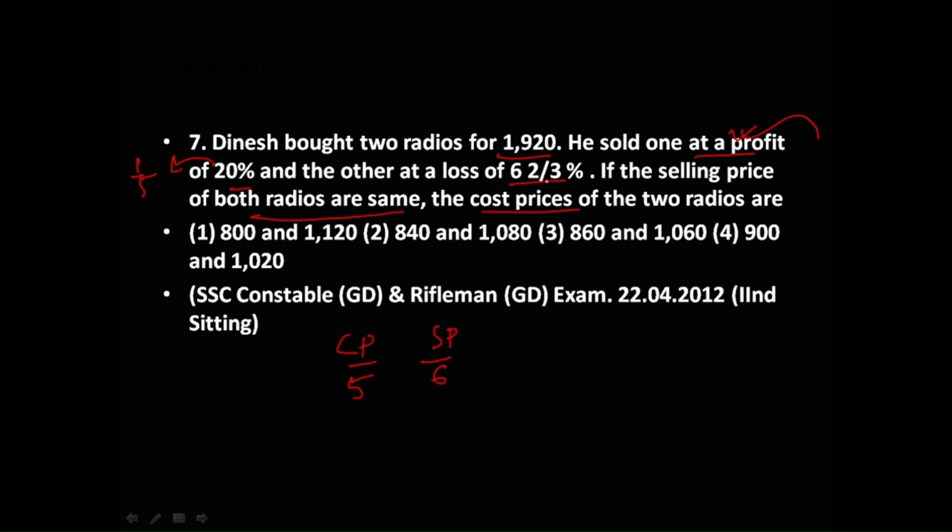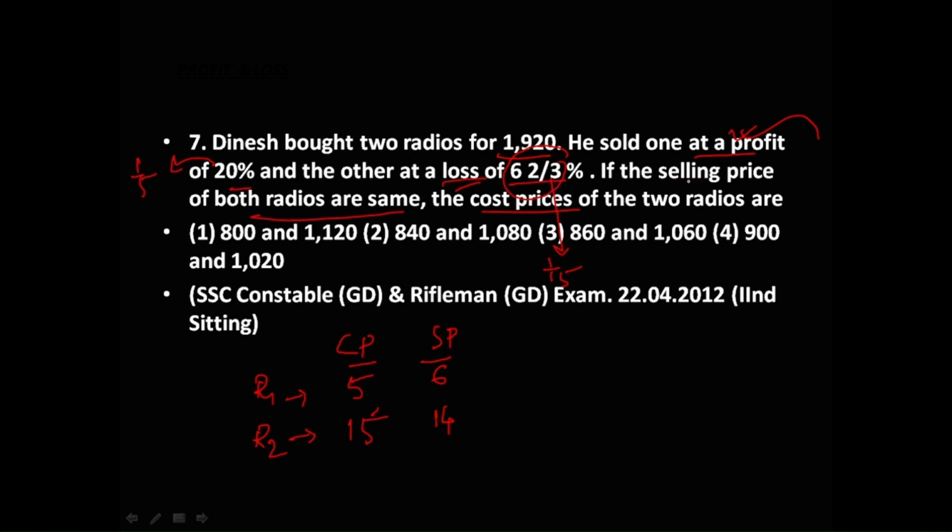In the next case, 6 and 2 by 3% equals 1 by 15. So it's a loss. So SP is 14, whereas CP is 15. That is radio 1 and radio 2.